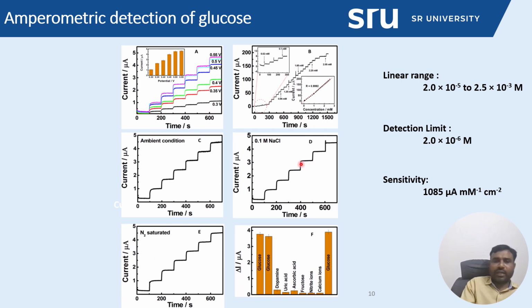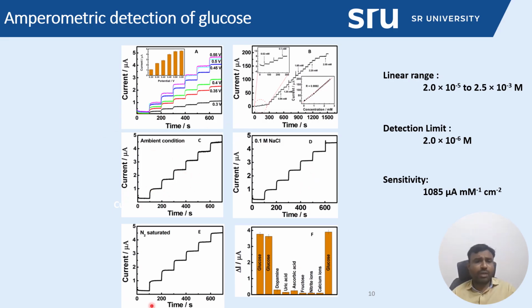We have carried out different atmospheres, like ambient condition and electrolyte containing 0.1 molar NaCl solution, and then nitrogen-saturated phosphate buffer. When we compare these three different conditions at the copper sulfide modified electrode derived from the water-ethanol mixture, we have noticed a similar, identical oxidation peak current in the amperometric signal.